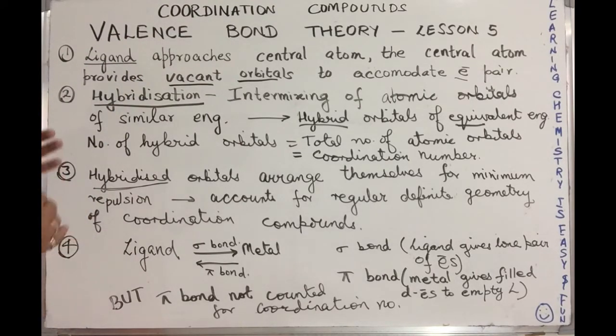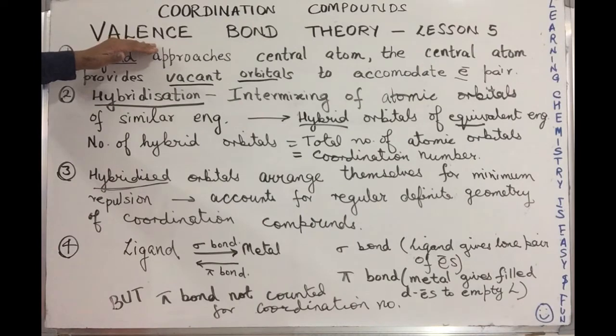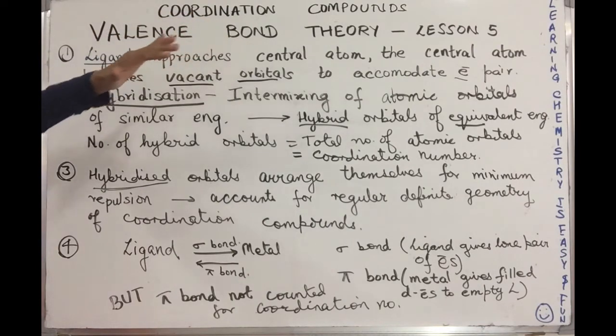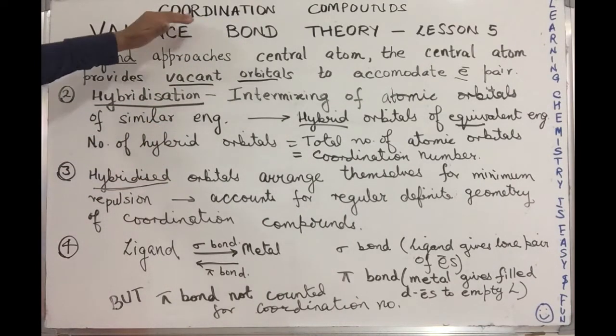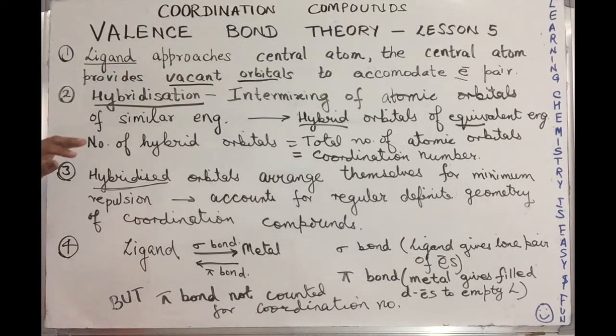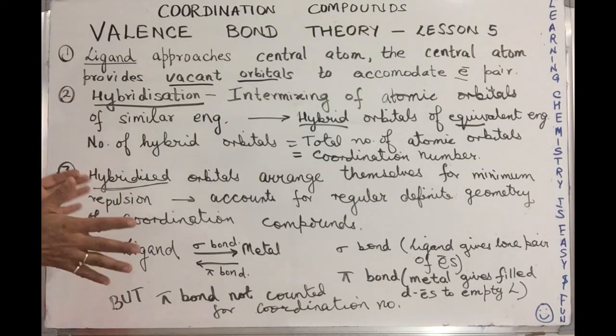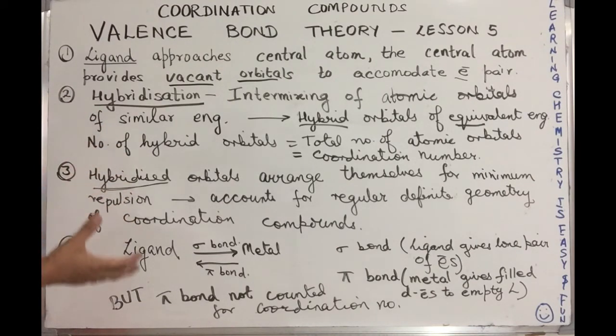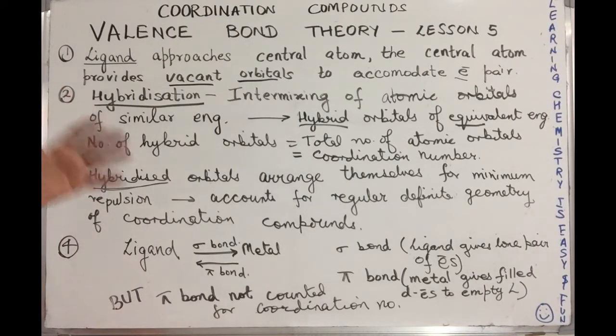That is why I said that we are going to adapt the valence bond theory that we have studied for atoms in order to explain the behavior of coordination compounds. You have to remember here that these are theories which were propounded in order to explain the behavior of substances, of compounds which are already existing. Okay? That is where chemistry is different from physics.